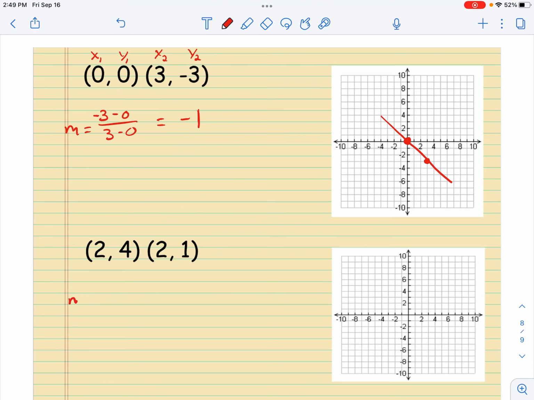Right, next one. Once again, it's our y2 minus y1. So 1 minus 4. That's going to be divided by our x2 minus x1.